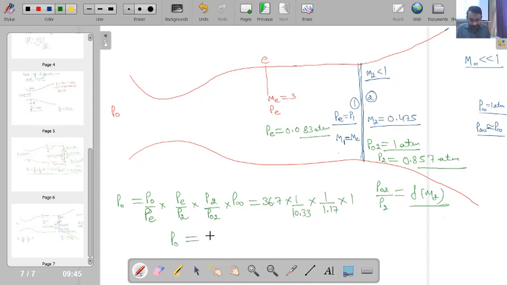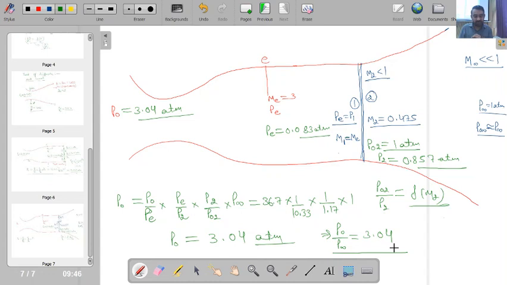If you calculate the pressure, it comes out to be 3.04 atmosphere. So just using a diverging duct, pressure has further decreased from 3.55 to 3.04 atmospheric. Here the pressure ratio of P naught by P infinity is nothing but 3.04.